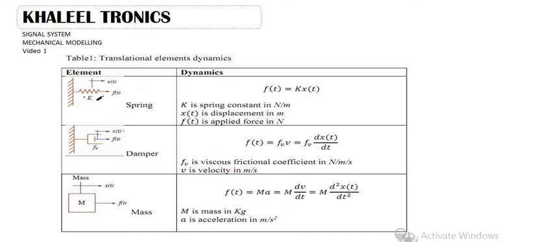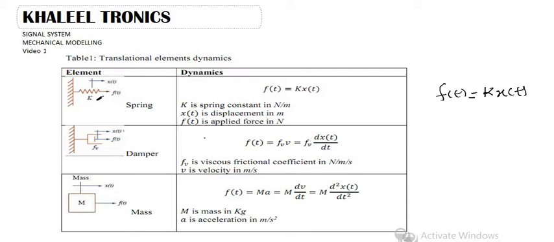So whenever you have a spring and you want to find its dynamic properties, you say the force F of T must be equal to the spring constant K times X, the distance in the direction of T. So this is the first, when the spring is applied.